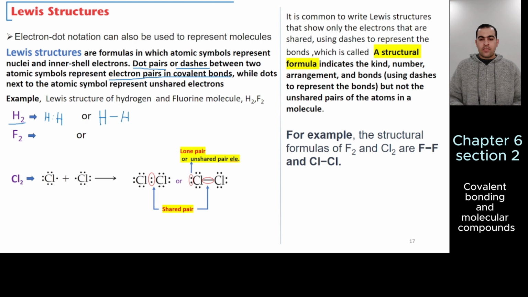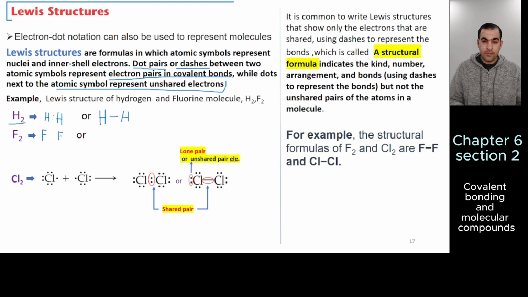For F2, a dot next to the symbol of an atom represents unshared electrons. If you write the Lewis structure for fluorine, how many valence electrons does each have?